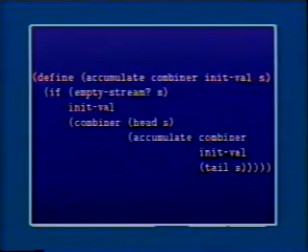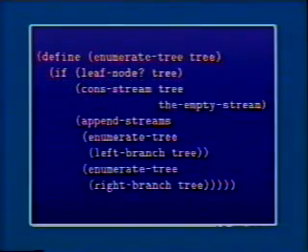So that's what I'd use to add up everything in the stream. I'd accumulate with plus. How would I enumerate the leaves of a tree? Well, if the tree is just a leaf itself, I make something which only has that node in it. Otherwise, I append together the stuff of enumerating the left branch and the right branch.